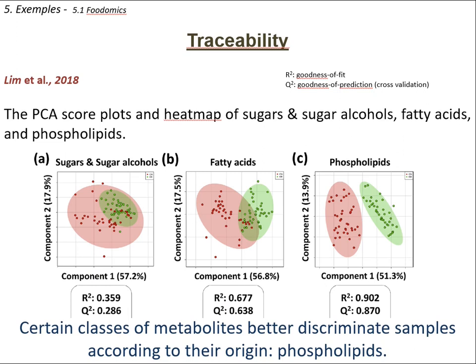Now here is a PCA, so another multivariate statistic, a score plot and a heat map of sugars and sugar alcohols, fatty acids and phospholipids. And once again, it becomes obvious that phospholipids are the best metabolites to look for if you want to discriminate Chinese and Korean rice.